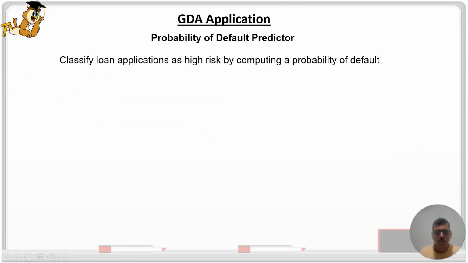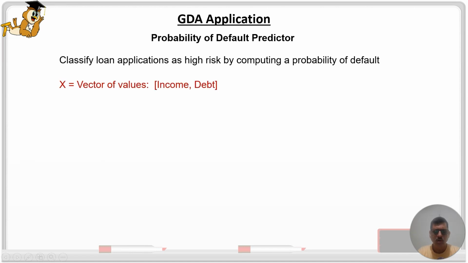So let us look at an application, right? Throwing those equations, you kind of broadly understand what I was saying, but let us look at a specific application to understand how exactly you would do those computations. So let us say you are trying to build a default predictor. You want to classify loan applications as high risk or low risk by computing a probability of default.